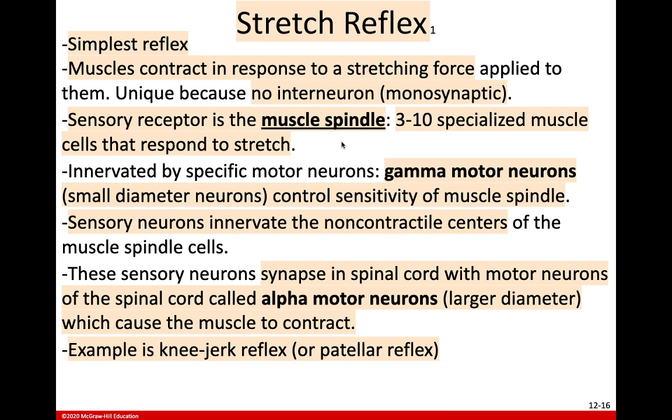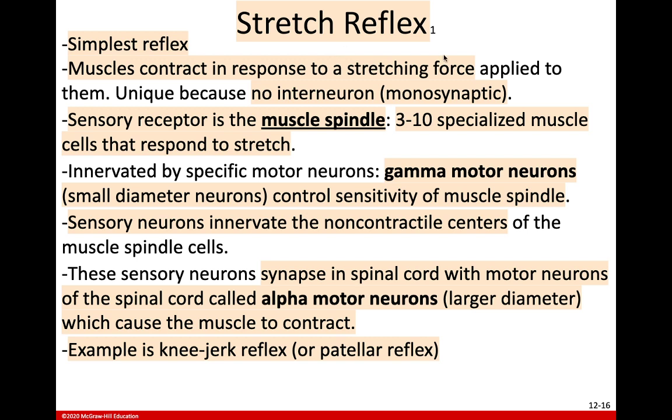We did talk about this last year in regular anatomy. These are the simplest reflexes because they do not involve an interneuron. They are monosynaptic. So again, our sensory neuron is going to synapse in the spinal cord directly with a motor neuron. There will be no interneuron involved in this reflex at all, so it's going to be a very quick reflex.